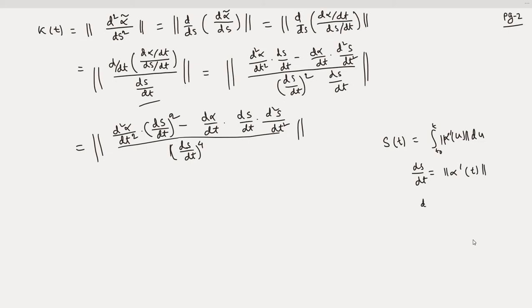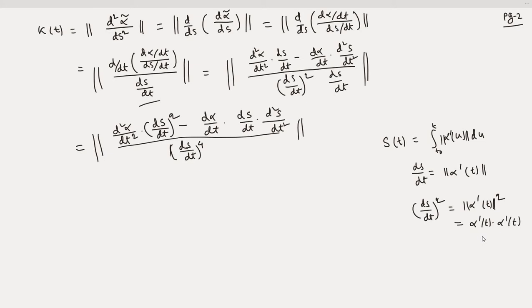So (ds/dt) squared equals the norm of alpha prime of t squared, which is the dot product of alpha prime of t with itself.